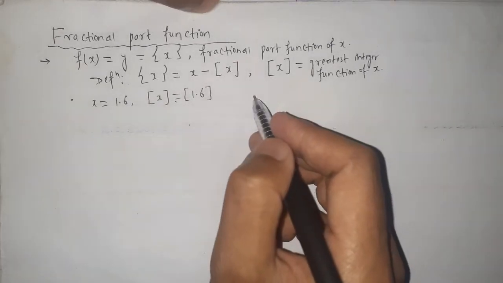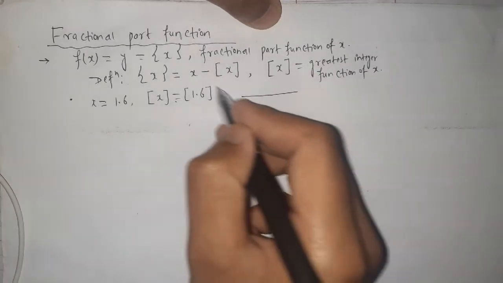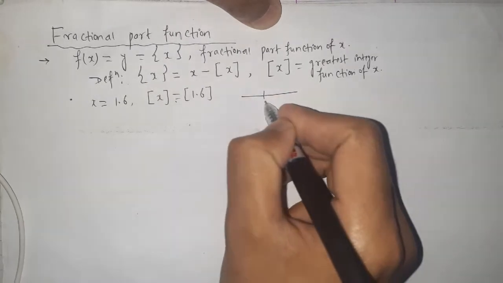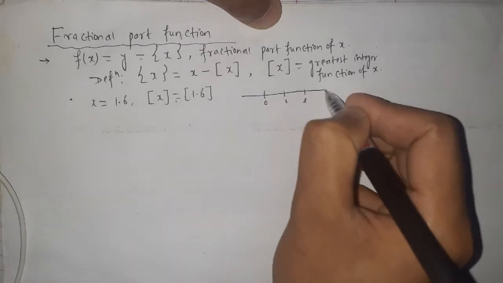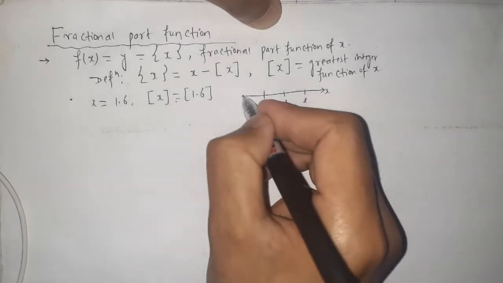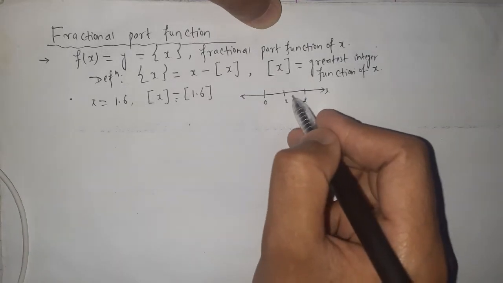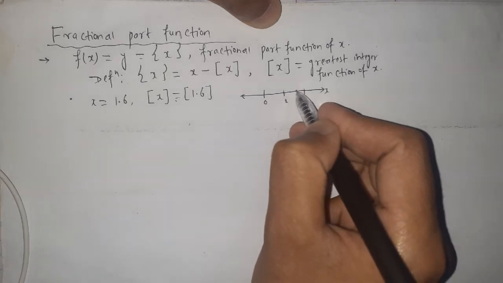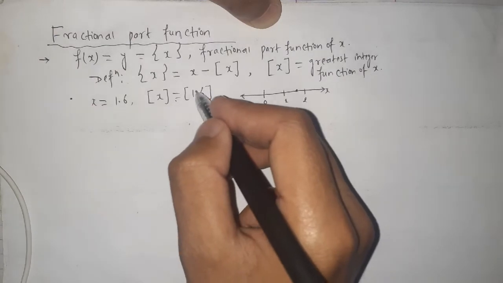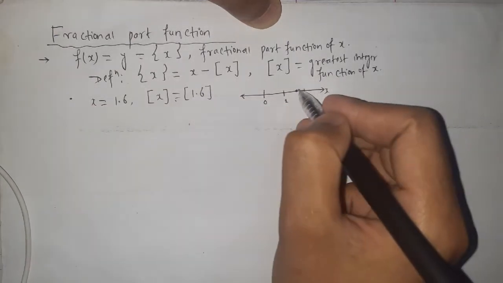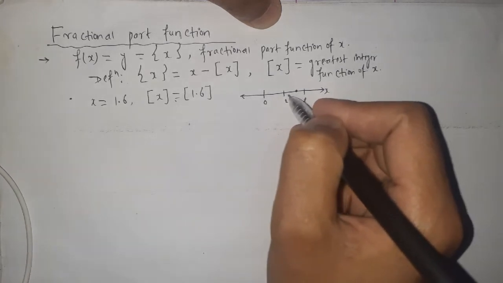We already discussed the calculation of greatest integer functions. Let's plot this number on the number line first. Suppose this is 1 and this is 2. These are the values of x. Here 1.6 lies between 1 and 2. The greatest integer of 1.6 is calculated by observing the nearest integer value on the left hand side.